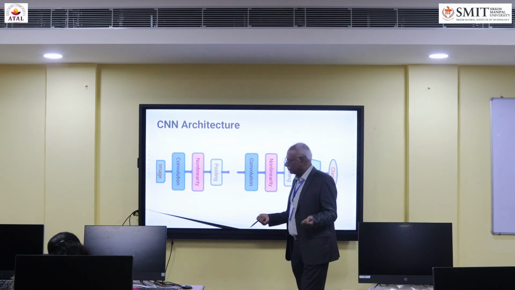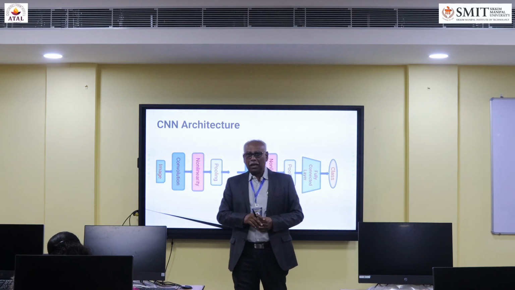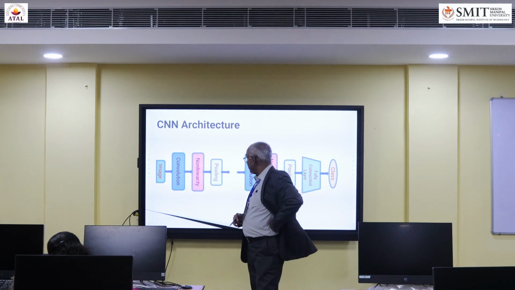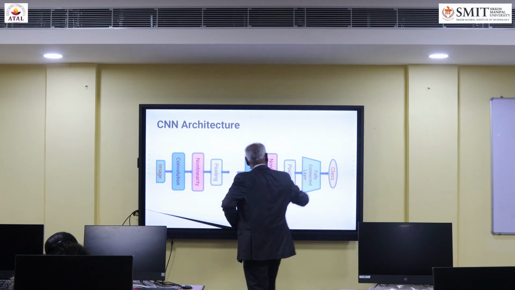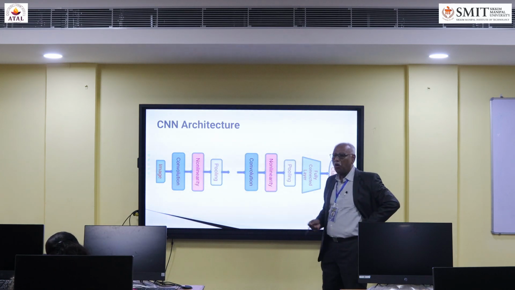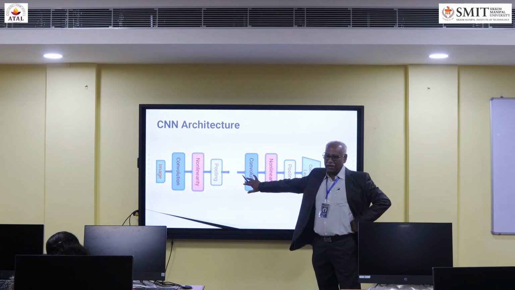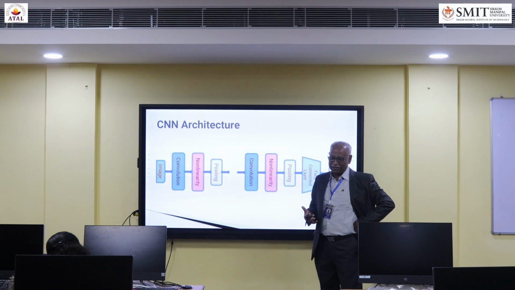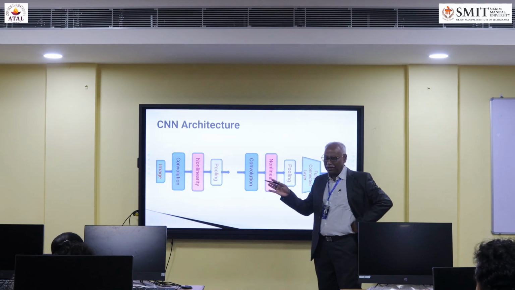Is that okay? So the multi-layers are the hidden layers. Truly speaking, except the first layer and the last layer, all should be called hidden layers. But in the case of a deep neural network, we don't talk about hidden layers. In the case of this multi-layer perceptron, we talk about hidden layers.